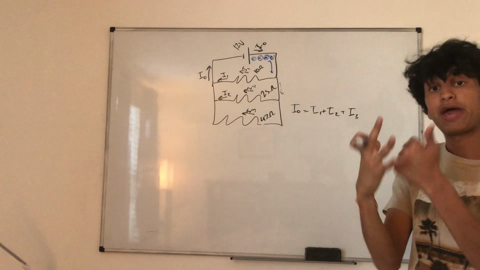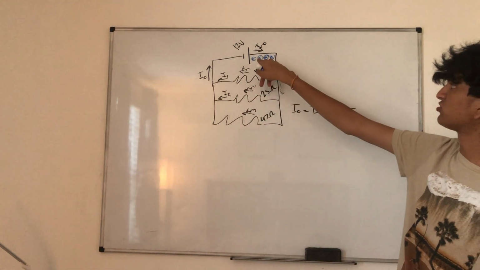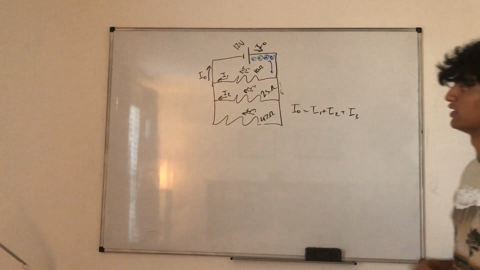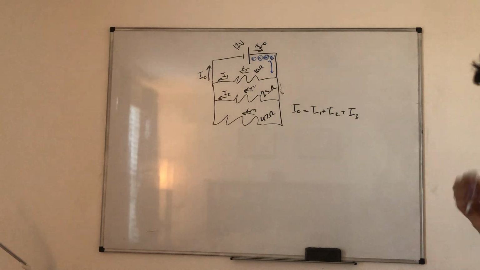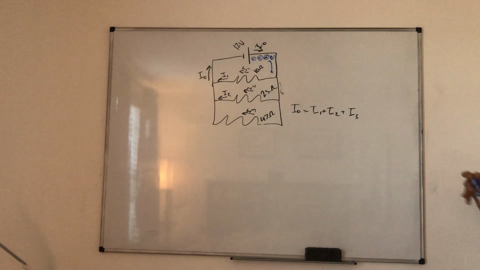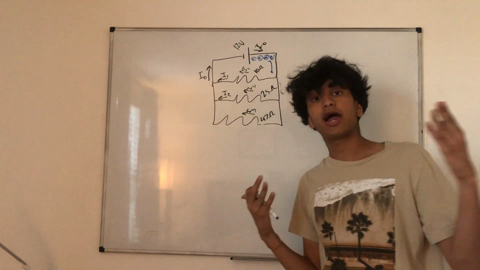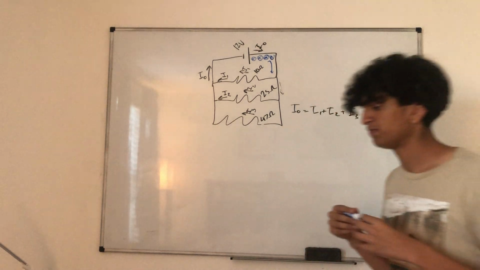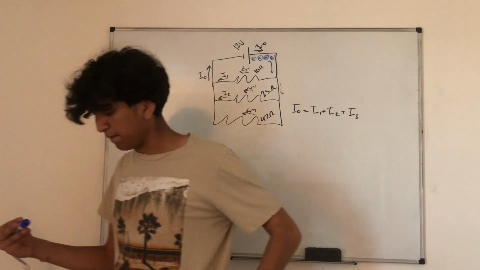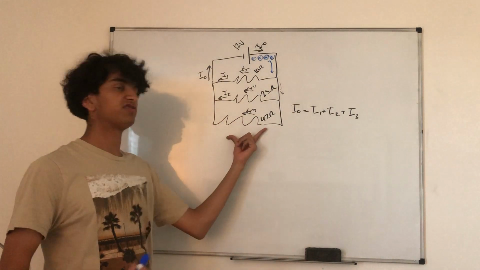Whatever potential they started with, they have to remain the same going through these things. I think that's a fairly good explanation as to why they have the same voltage. So the total voltage in the parallel circuit is equal to the voltage across each resistor.